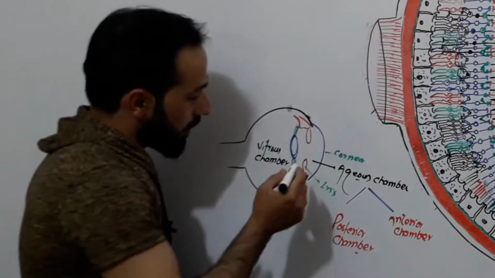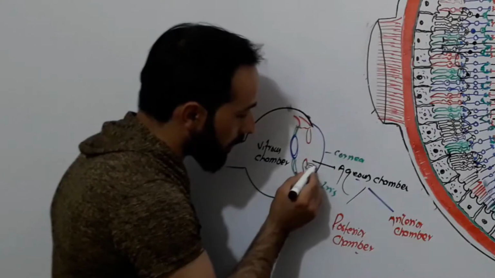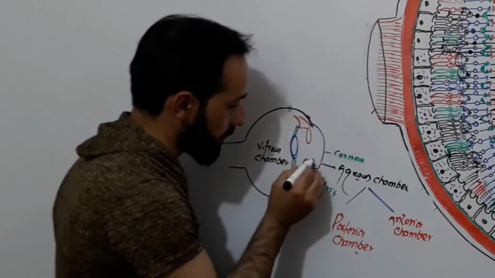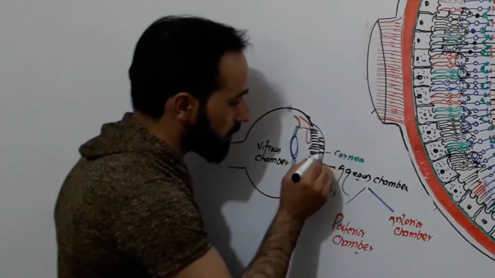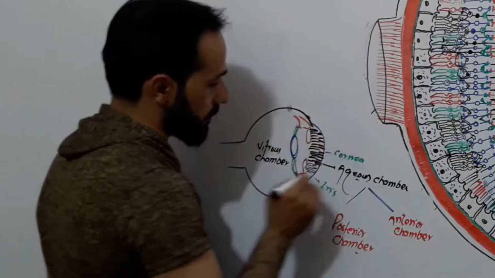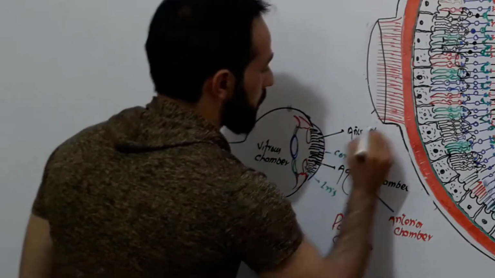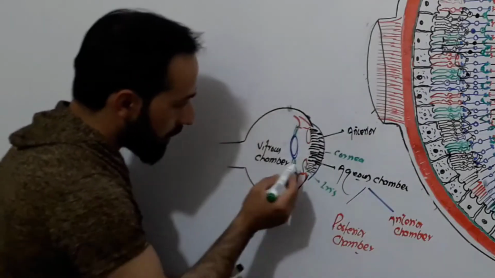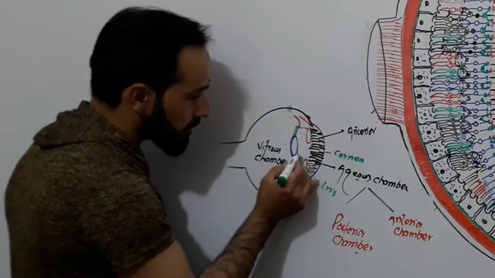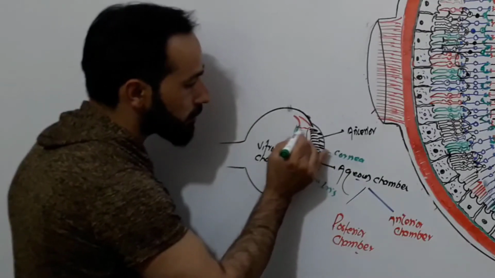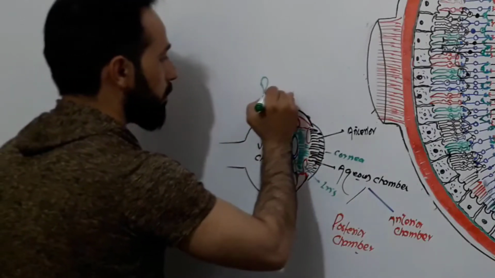In front of the iris and behind the cornea, this fluid-filled chamber is called the anterior chamber. And behind the iris and in front of the lens, this chamber is called your posterior chamber. So here is your posterior chamber.